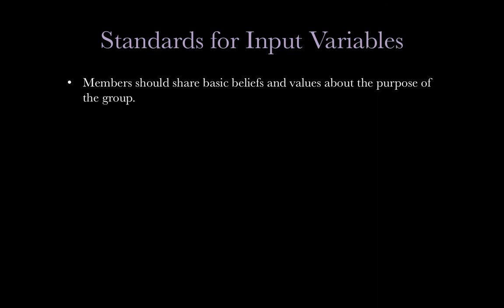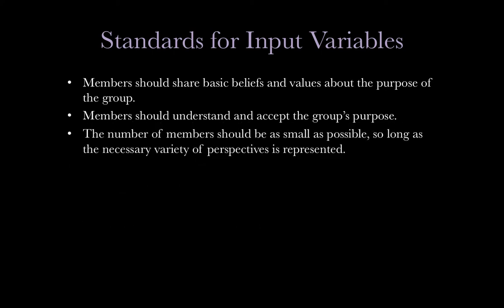So when we think about the group as a whole and members as input variables, we know that they need to all be on the same page, right? They need to share the basic beliefs about the company or about the purpose of the group. Second, they should understand the group's purpose and accept it. You shouldn't have one member that's always trying to change the purpose of the group. Everybody, again, needs to be on that same page.